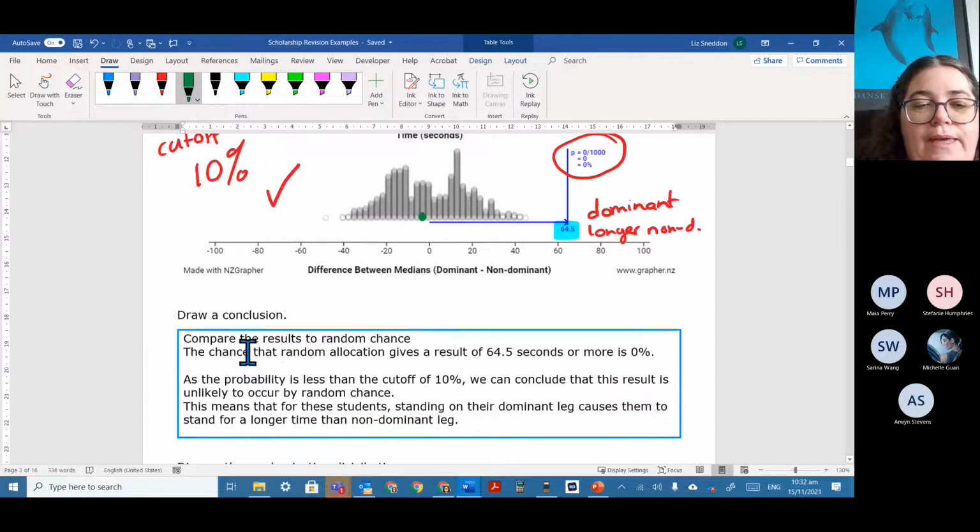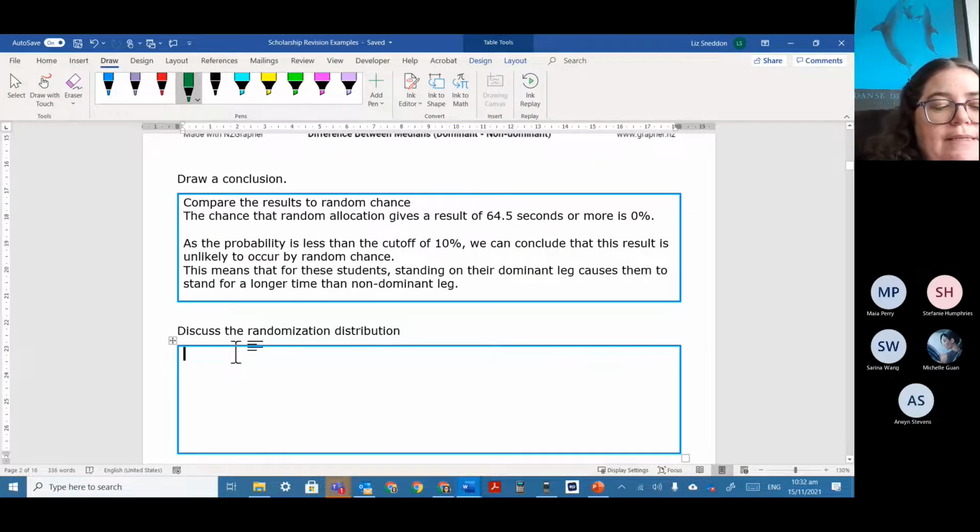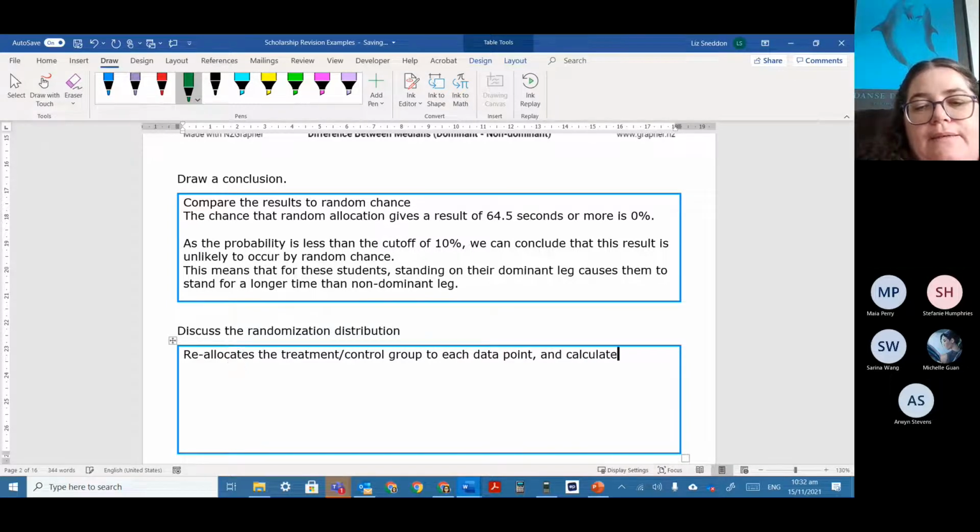So the key idea is that it reallocates the treatment and control group to each data point and calculates the difference in the medians.